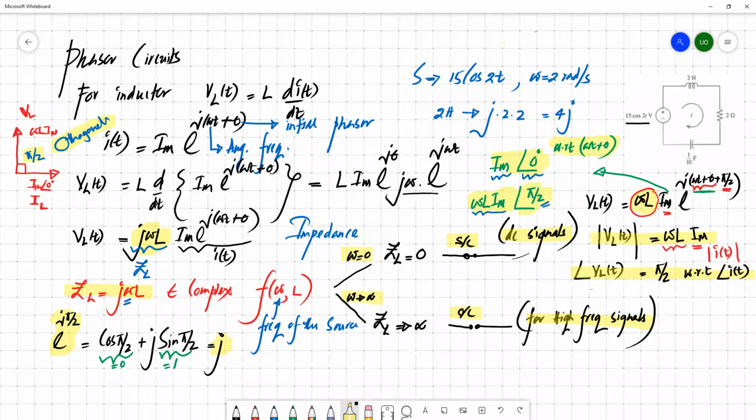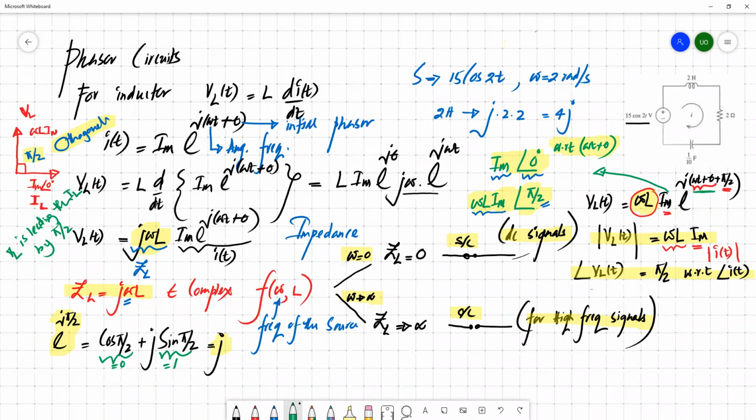At the same time, you can see your voltage is always leading the current by 90 degrees. So VL is leading the IL, the current, by 90 degrees. VL always has an additional pi by 2 phase shift with respect to current.